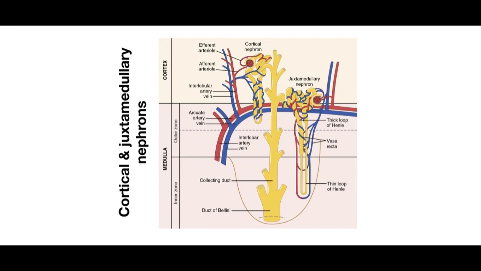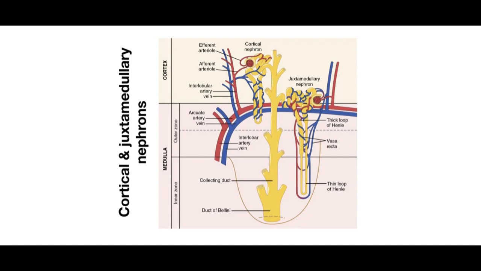For the medullary side, all of your juxtamedullary regions are residing a little bit further, closer toward the medullary region, and your loop of Henle is longer and delves further down into the tip, inside of the inner portion of the medulla. Okay, so this is going to be responsible for most of the production of your highly concentrated urine, and they are also fed by a special subset of paratubular capillaries.